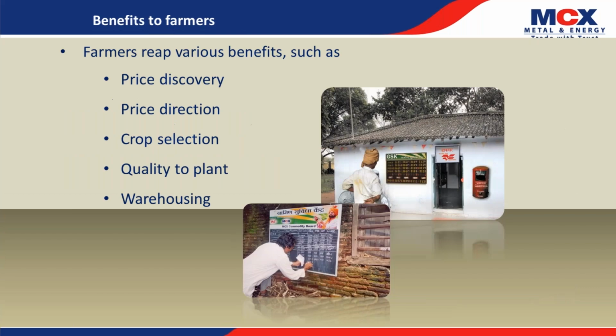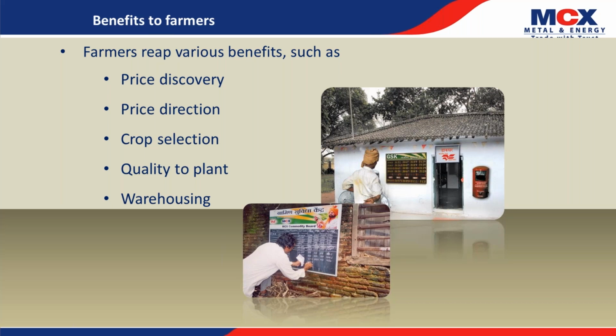There are of course benefits to different kinds of participants. Now here's an example of benefits to farmers. A farmer reaps various benefits such as price discovery. So a farmer can see a price in the future, and based on that price which has been discovered by the market, he is able to know the direction in which the price is expected to move.